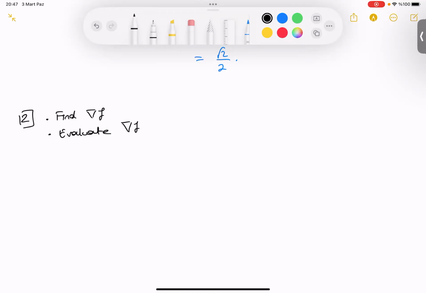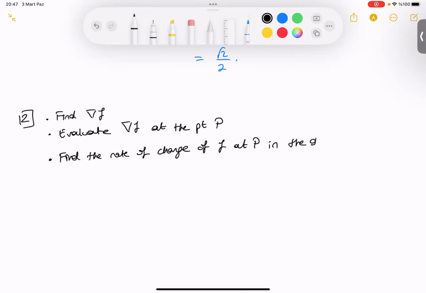I write it briefly, at the given point P, then find the rate of change of f at P in the direction of the vector u.